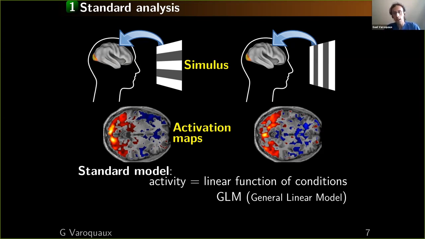That's the standard model. And basically, we're describing the brain activity as a linear function of the conditions. And then what we're going to do is contrast those brain maps and conclude things on brain activity. So in a sense, standard analysis is an encoding model. It's just not using machine learning methods.